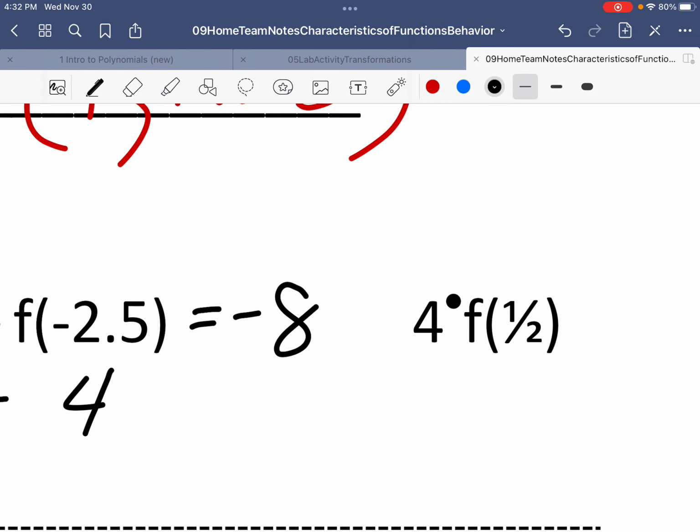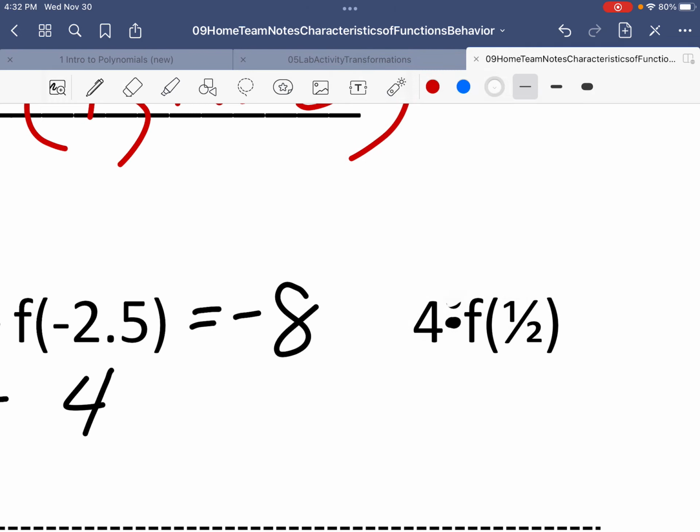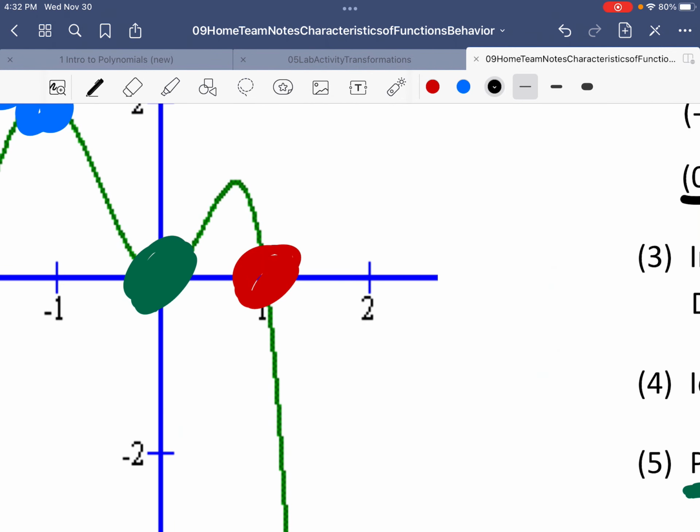And finally, we have a multiplication problem. This dot is a little bit confusing here. Let's erase that. We're going to multiply. It looks like I'm going to need to find f of a half. That just means that x equals a half. So I'm going to go to x equals a half on my graph. X equals a half is right here.